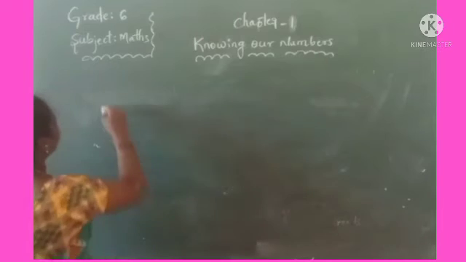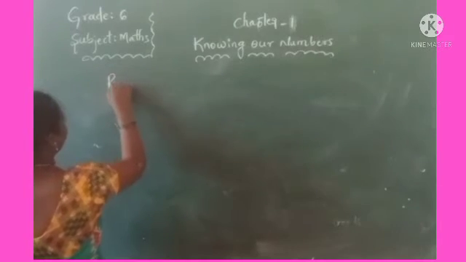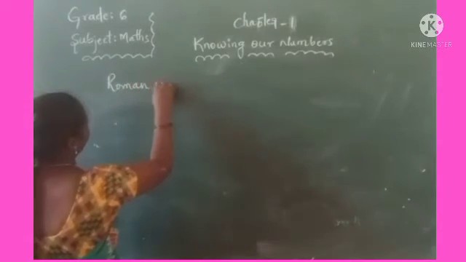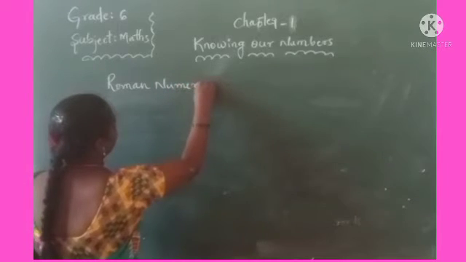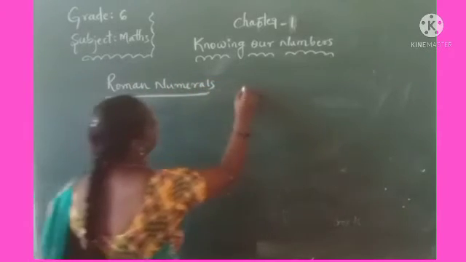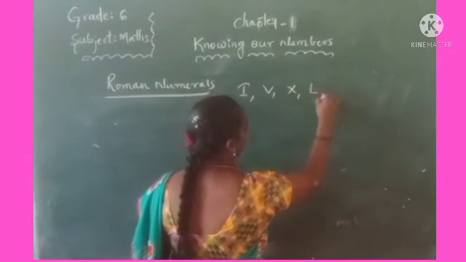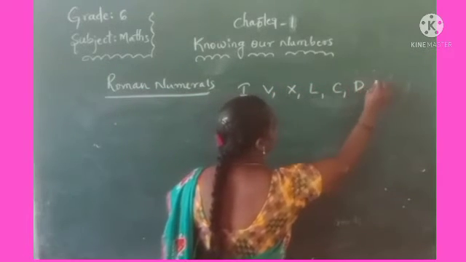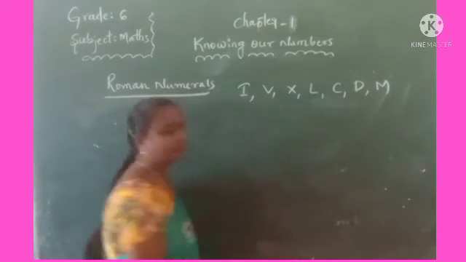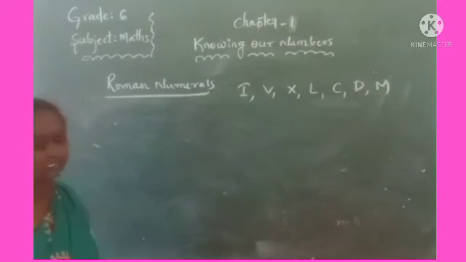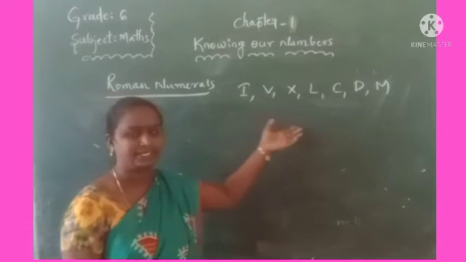So you have learned the symbols in the Roman numerals are I, V, X, L, C, D, M. So you know very well about these symbols.